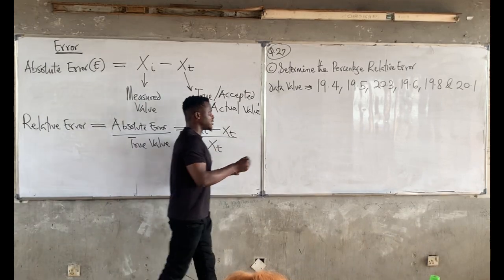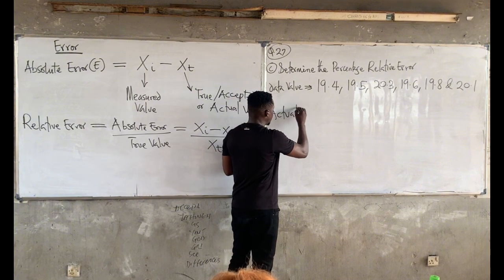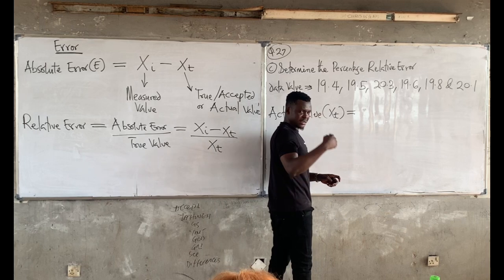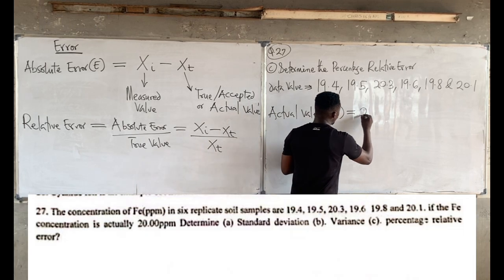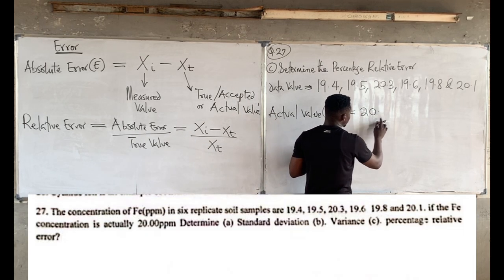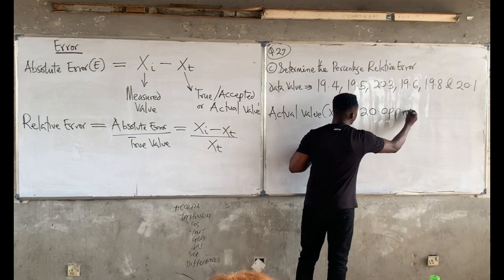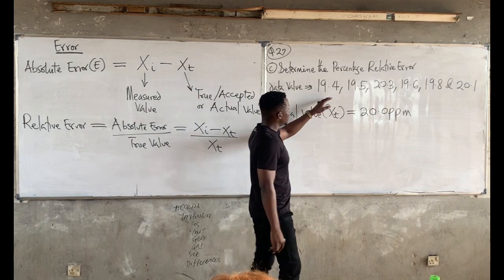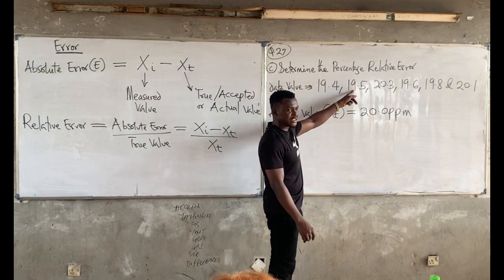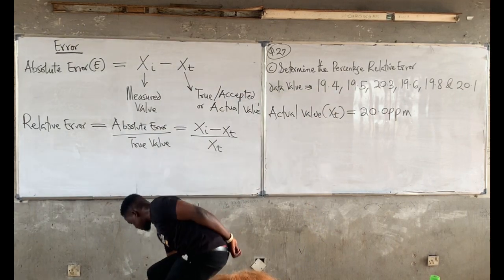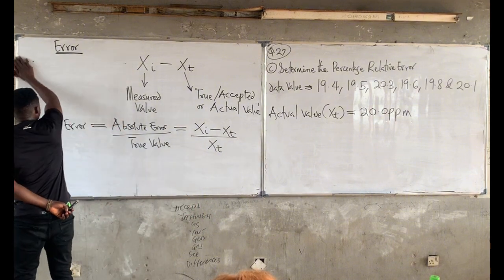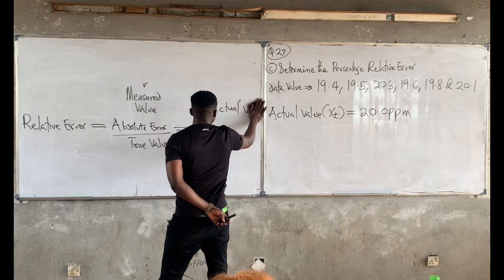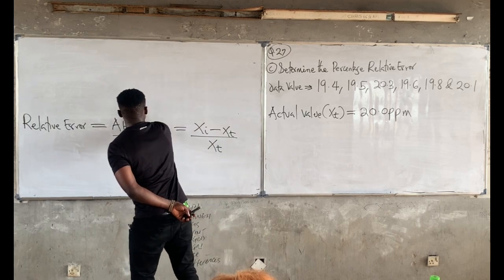The actual value in that question, which is xt, was 20.0 ppm. You are asked to solve for the percentage relative error for 19.4, 19.5, and the rest. I'm not going to solve for all six. I'll just solve for one or two, and then you understand how to solve for the rest.